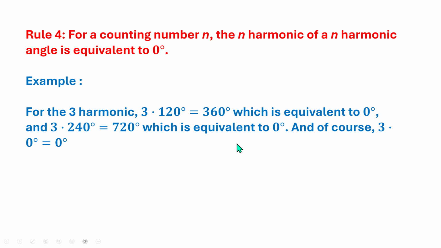Okay. Now, this is really important when we get into interpretation, because this says that, let's say your natal chart has a bunch of squares. Those are 4 harmonic angles. When you go to the 4 harmonic chart, those squares are going to be turned into conjunctions.